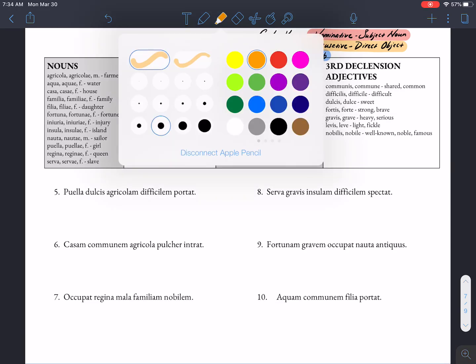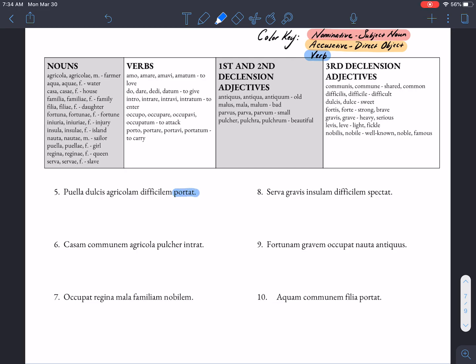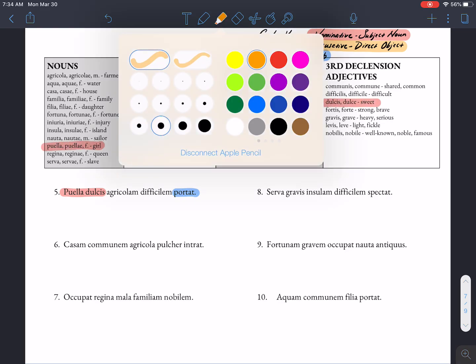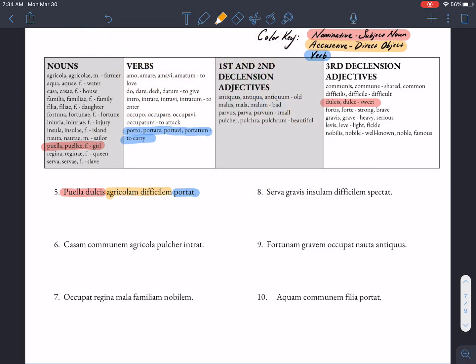All right, so you know what to do. We're going to find the verb. Here it is. It comes from porto, portare, portavi, portatum. All right, our nominatives are puella and dulcis, coming from puella, and dulcis, dulce. And agricolam difficilem comes from agricola, agricolae, and difficilis, difficile.